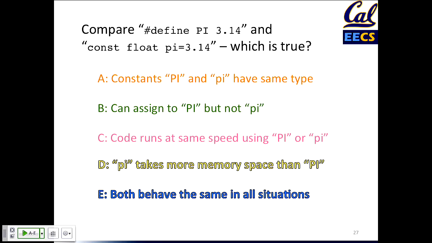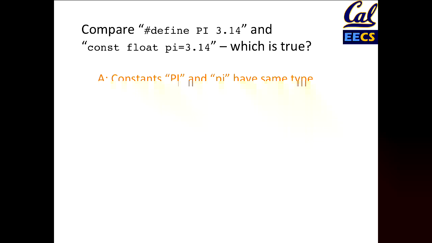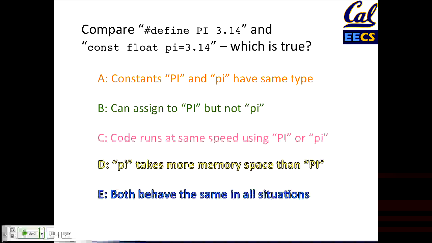So you cannot assign to PI because when it expands out, it's going to be 3.14. If you say 3.14 equals something, it doesn't make any sense. So you cannot assign to symbol PI either, uppercase. Going from the bottom, we've already described why they don't behave the same in all situations.